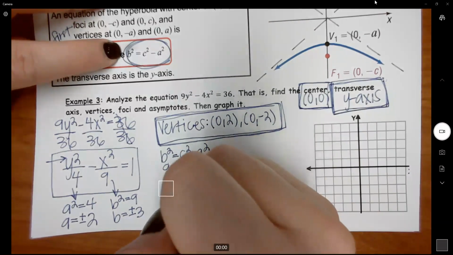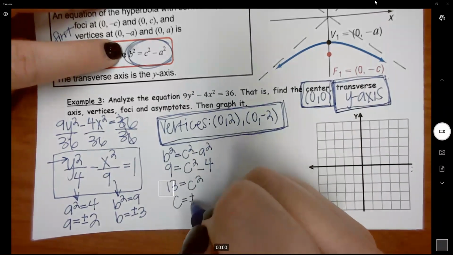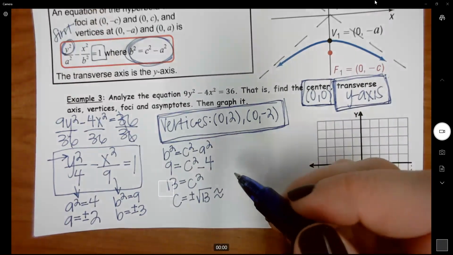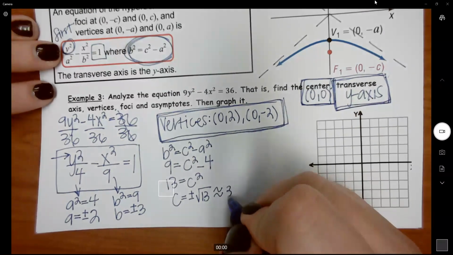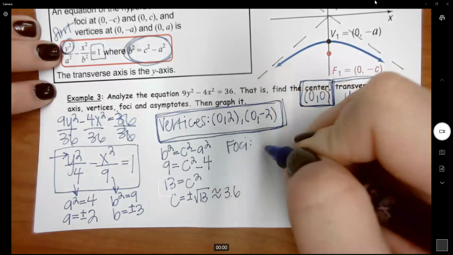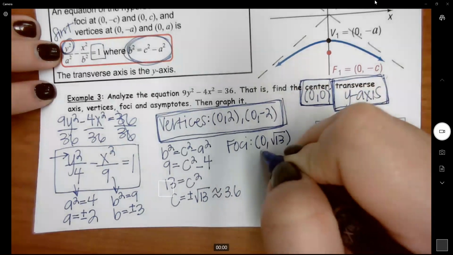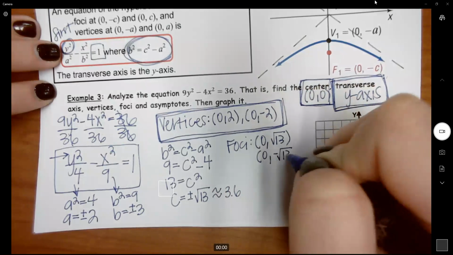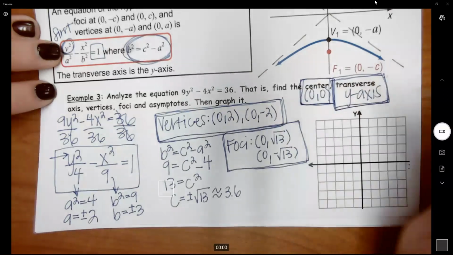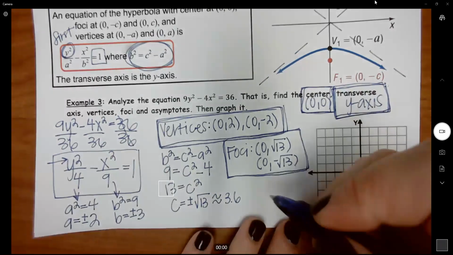Let's add 4 over to get 13 equals C squared. So C equals plus or minus the square root of 13, which is about 3.6. So my foci are at 0, square root 13 and 0, negative square root 13. And then the last thing we need is our asymptotes.